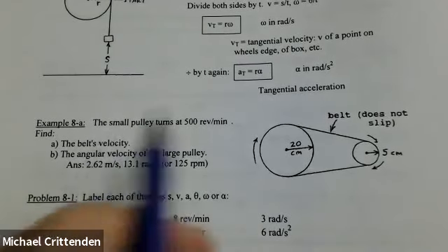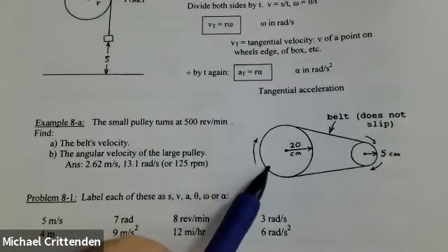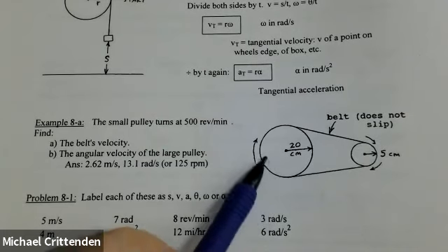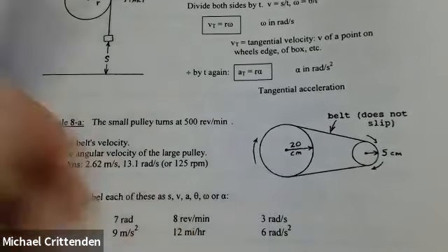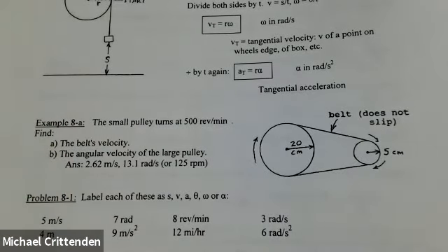So the answer to part A tells us v for a point on the edge of this wheel, and we know r, so we can solve for omega. So that's the general idea, and the details look like this.